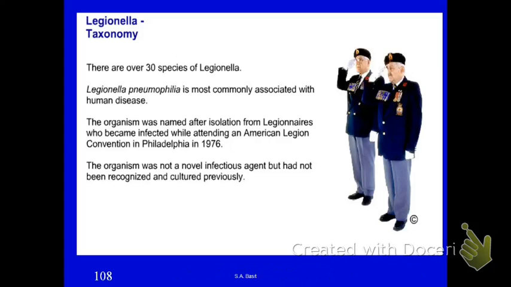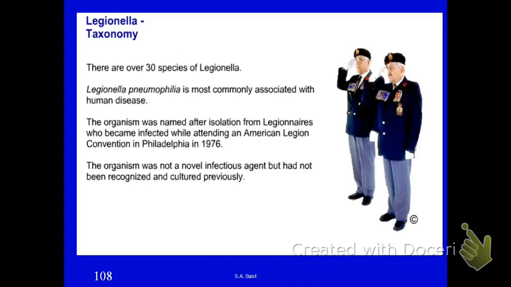During 1976 in Philadelphia, the legionnaires, these are the old soldiers who had already retired, were trying to catch up with one another by attending a convention in Philadelphia. They were billeted in a certain hotel that had a centralized air conditioning system.